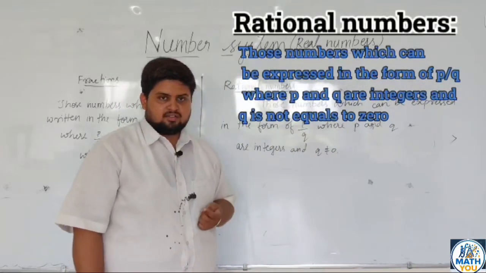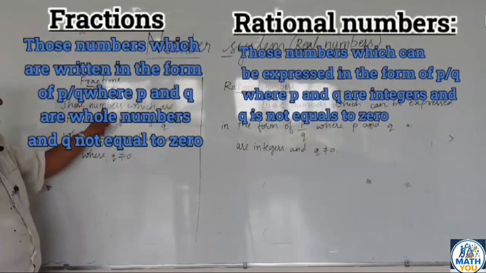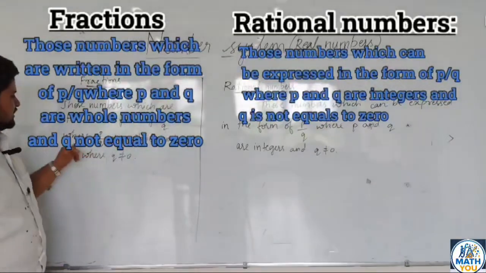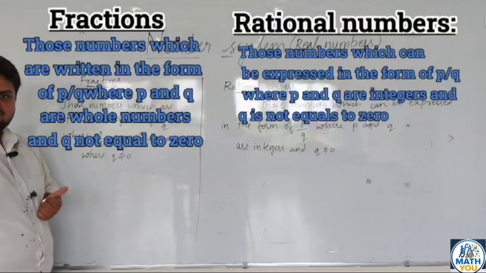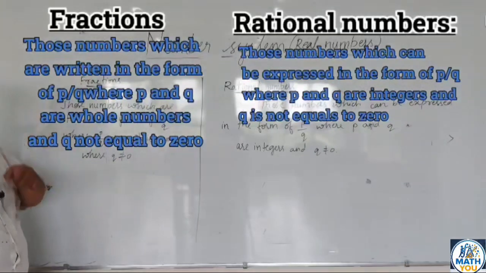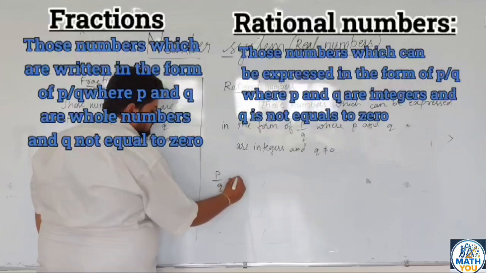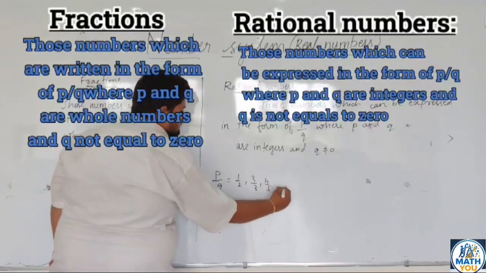We all know this. But we define fractions as those numbers which are written in the form of p by q, where p and q are whole numbers, where q is not equal to 0. So both numbers are written in the form of p by q. For example, 1/2, 3/3, 4/5, etc.